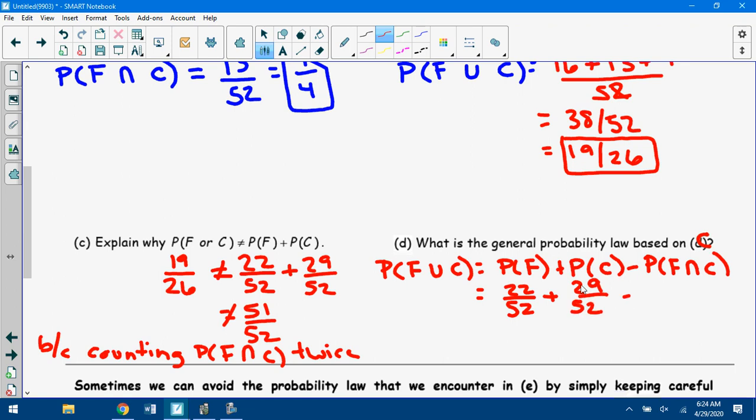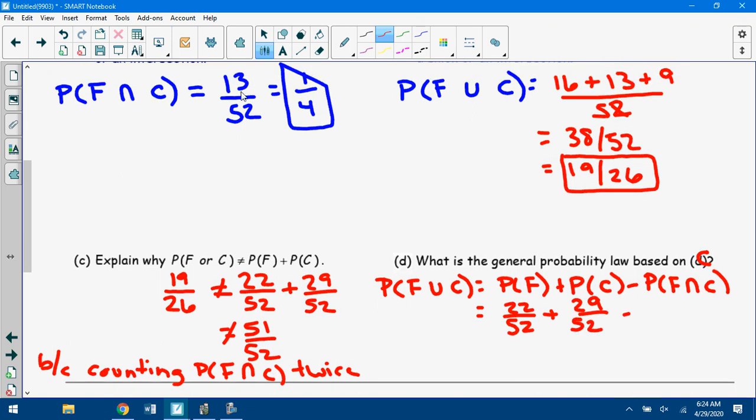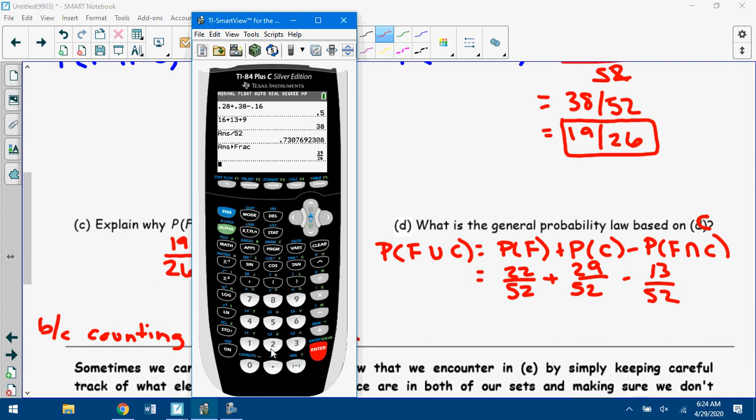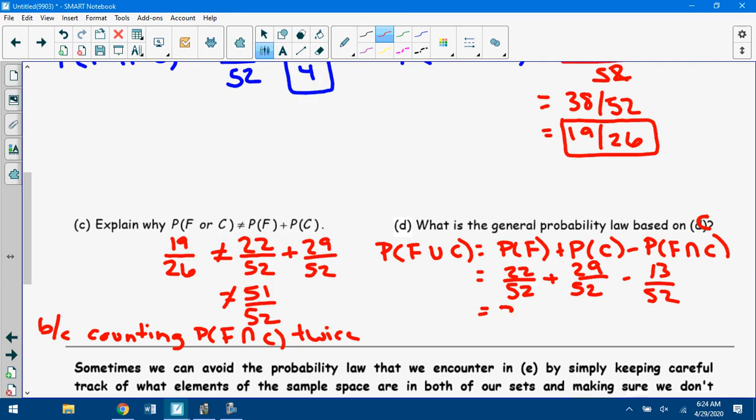But then I would have subtracted off that overlap, the 1/4 or 13 out of 52 that I found in part A. And then if I do that, I'd have 22 plus 29 minus 13, which is 38 out of 52, which reduces to our 19 out of 26 again.